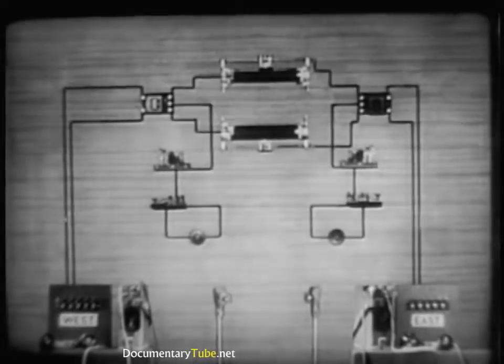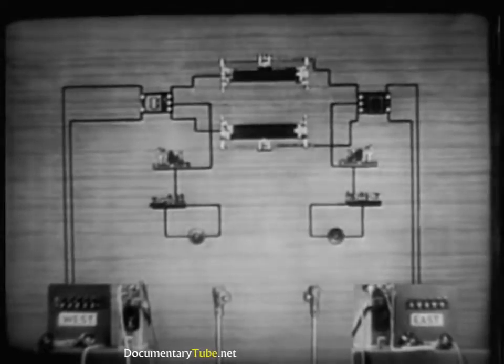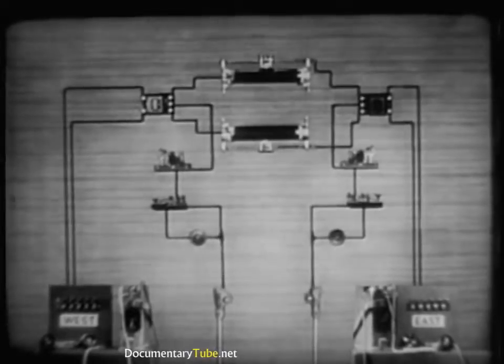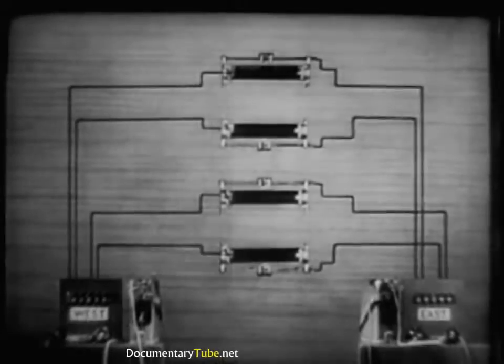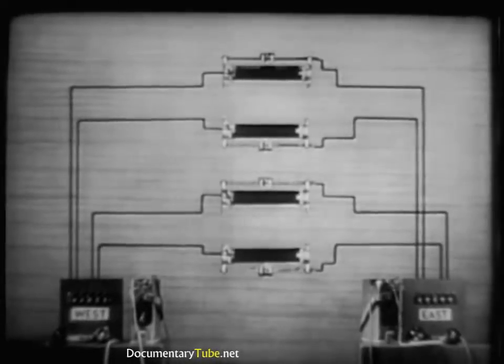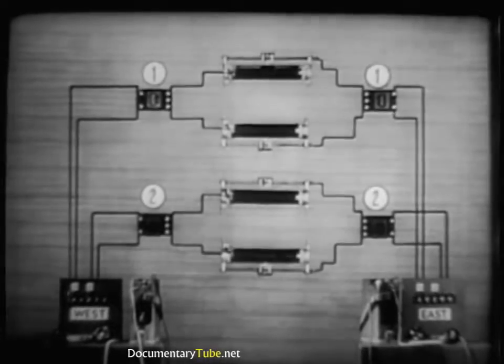The simplex circuit is obtained by connecting repeating coils at both ends of a line and using the earth as a return conductor. The phantom circuit is obtained by connecting repeating coils at both ends of 2 lines.